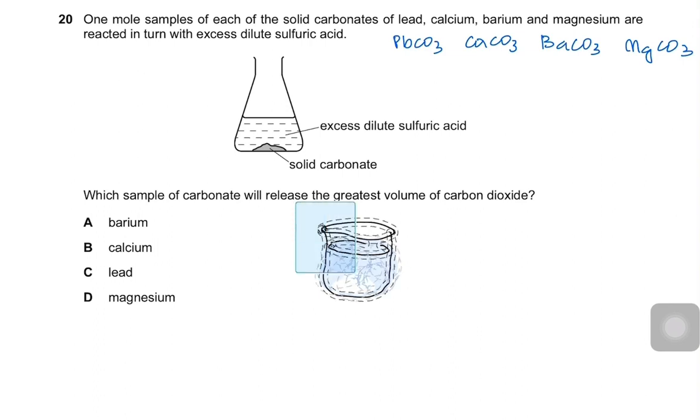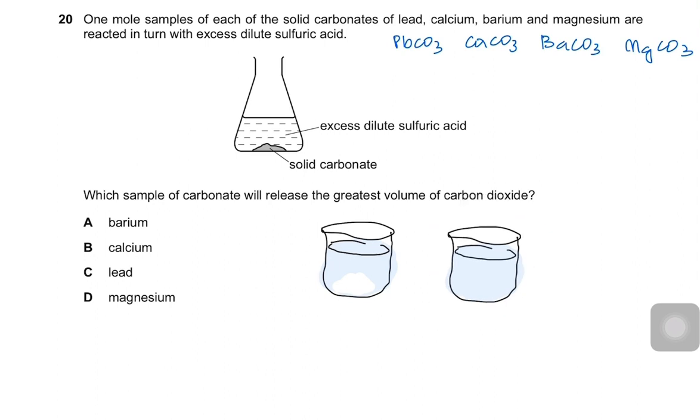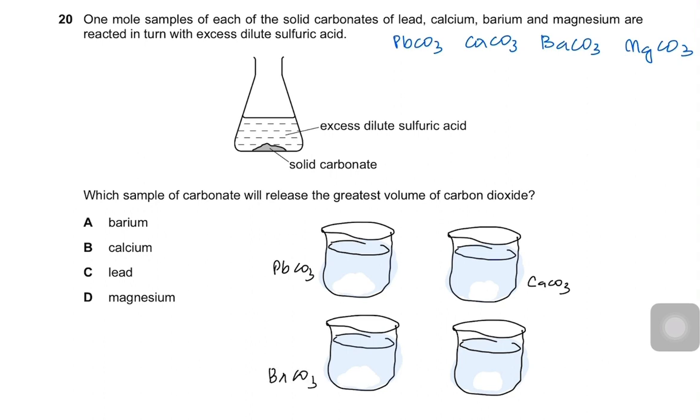Let me make multiple copies of this. Imagine you have your carbonates over here. This is lead carbonate. This is calcium carbonate. This is barium carbonate. And this is magnesium carbonate. All in dilute hydrochloric acid.